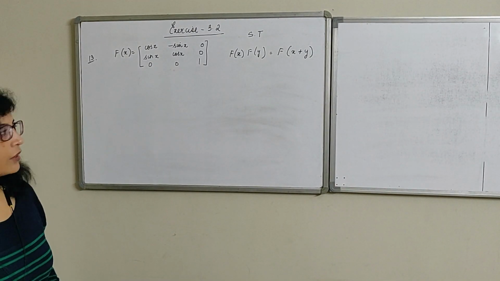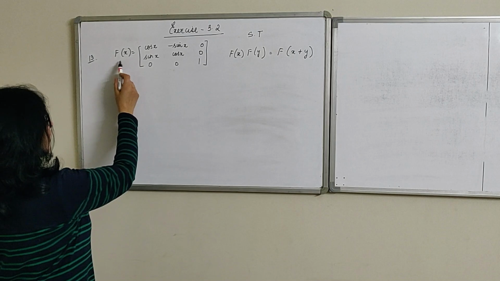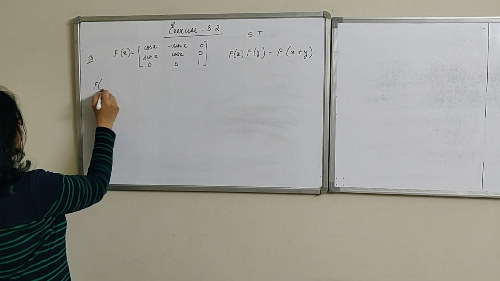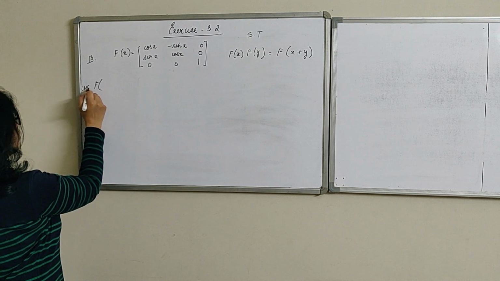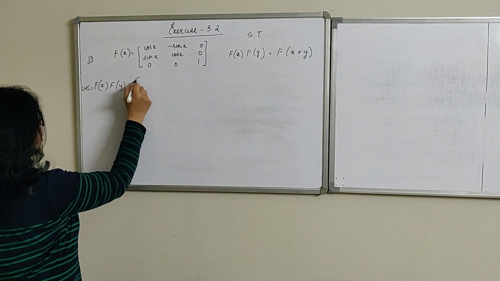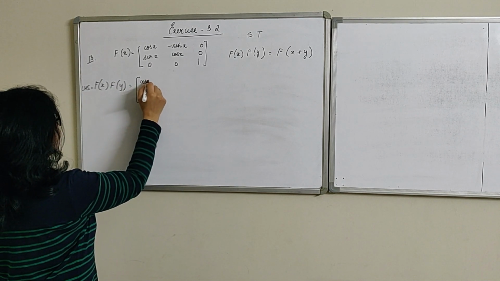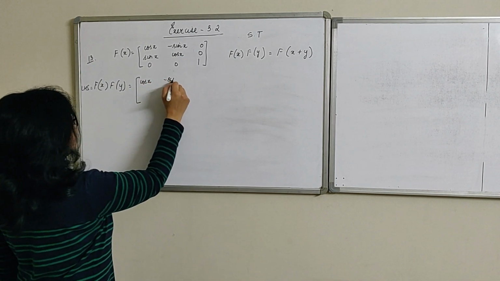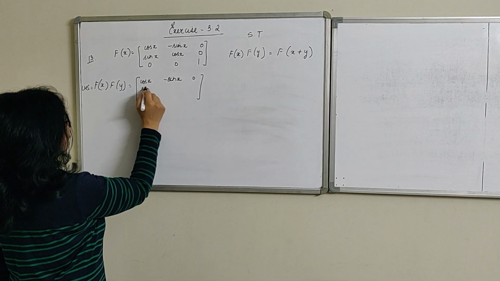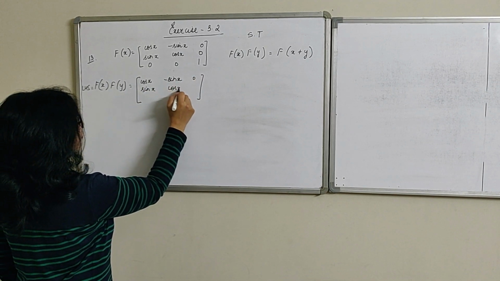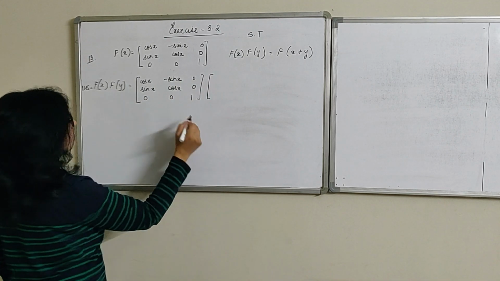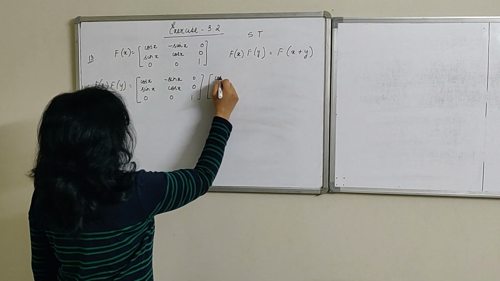So going by the notation here, since f(x) is a matrix written this way, starting with the left hand side, f(x) multiplied by f(y) is the product of a matrix with variable x with a matrix having variable y.